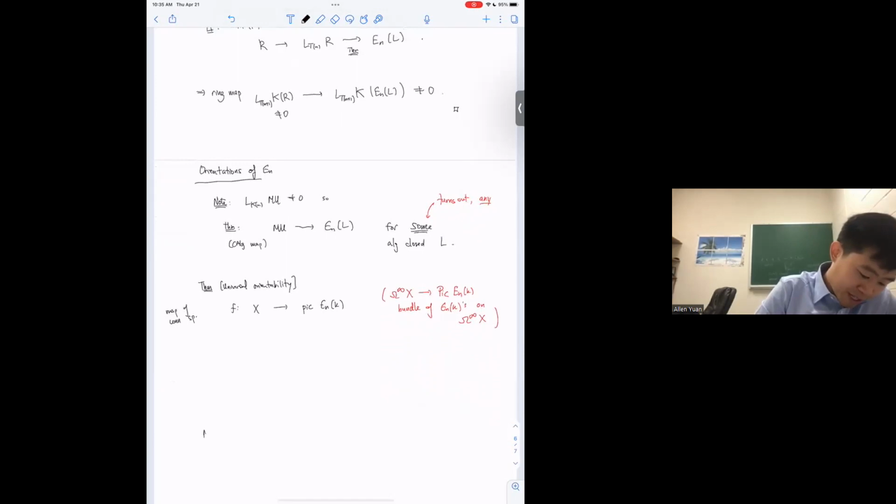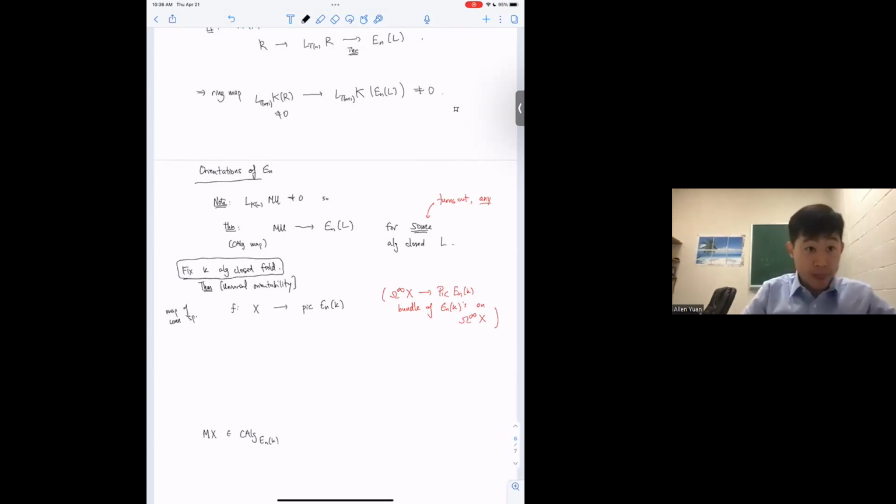If you do take that Thom spectrum, that's going to be some commutative algebra over En of K. Sorry, I should have said, for the rest of this talk, we're fixing K any algebraically closed field.